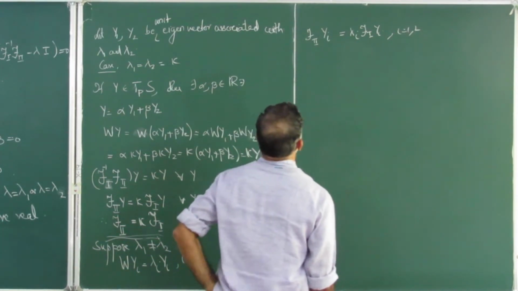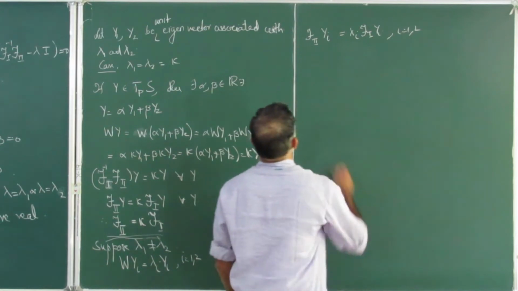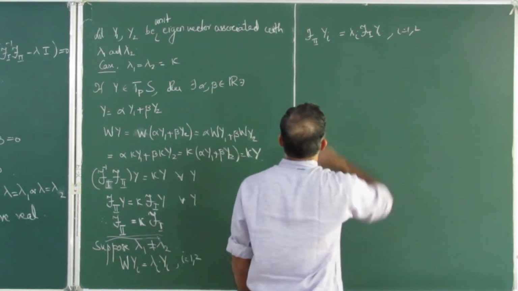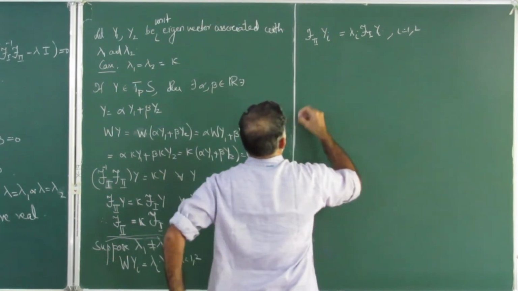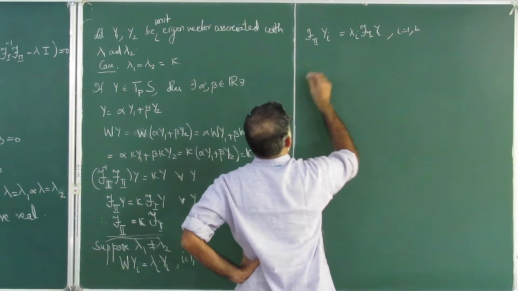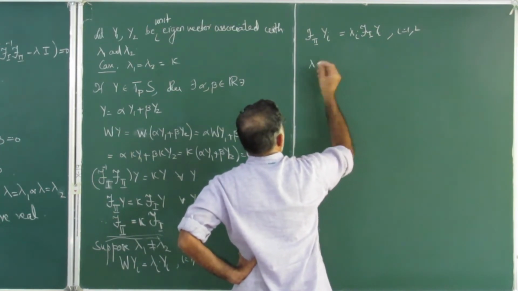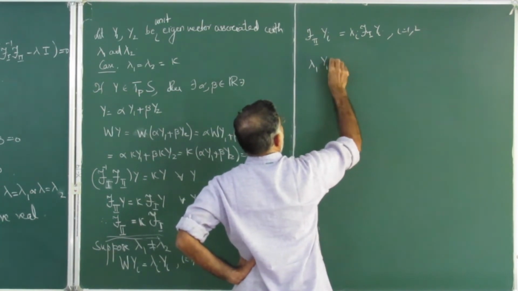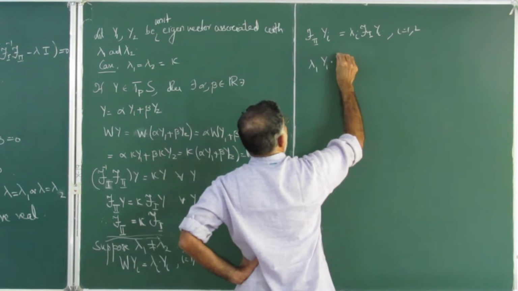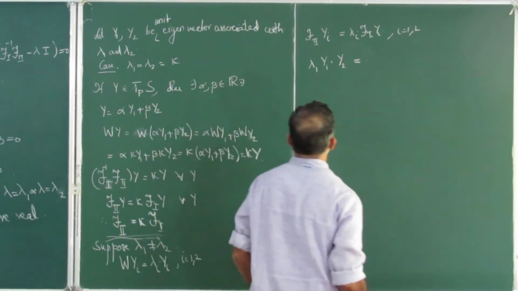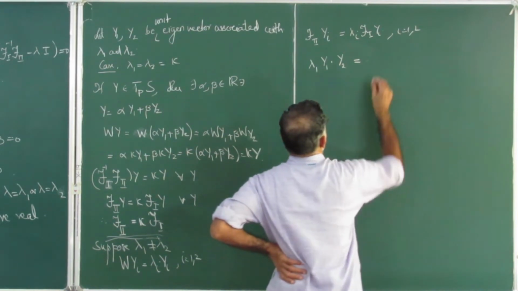Now, what does this say? So now let me look at this. We can start with lambda 1 y1 dot y2.